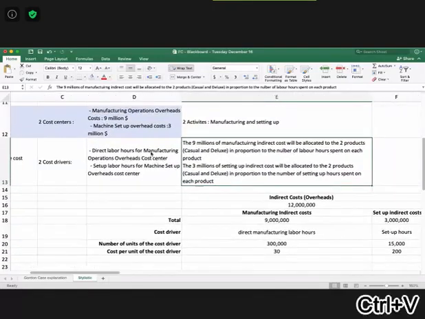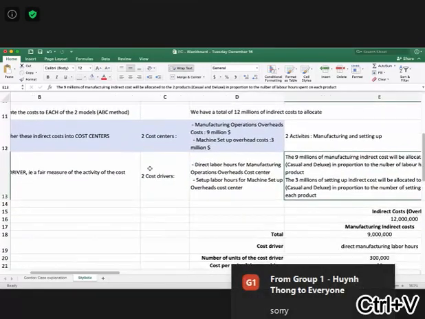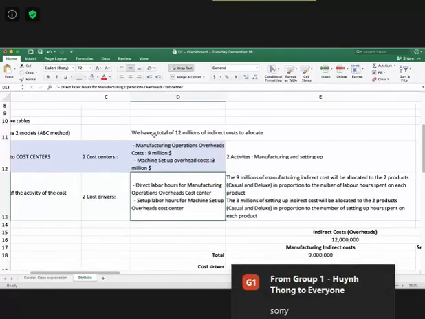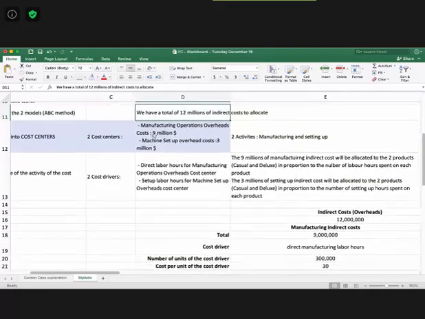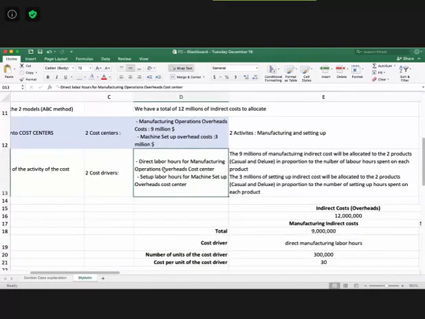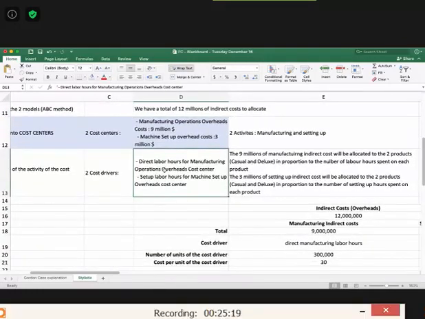Okay, so this is what we can say. We got the 12 million we need to allocate. So the first stage is to put that into manufacturing or setting up. We got 9 million of indirect costs which are linked to manufacturing activities, and we have 3 million which are linked to setting up activities. And now we've been able to identify how we can measure the activity of each center.